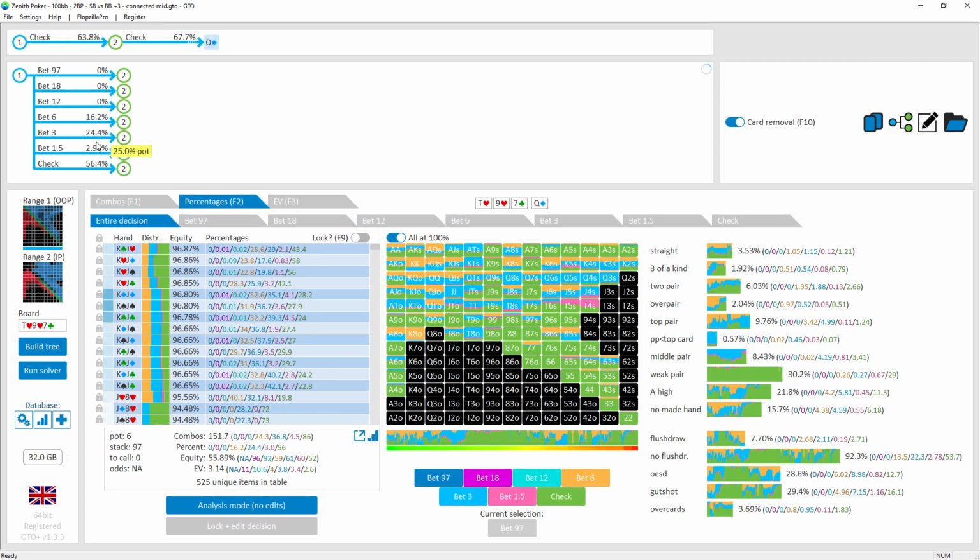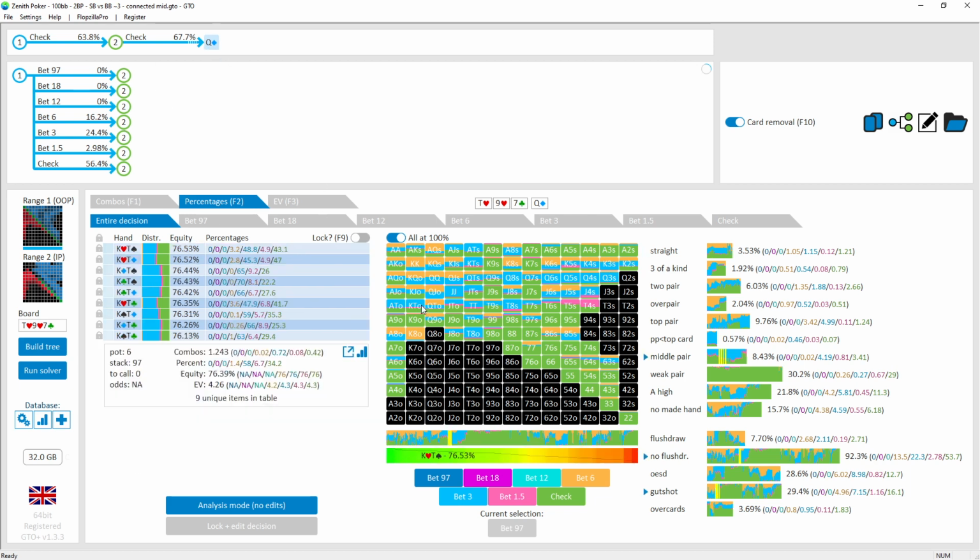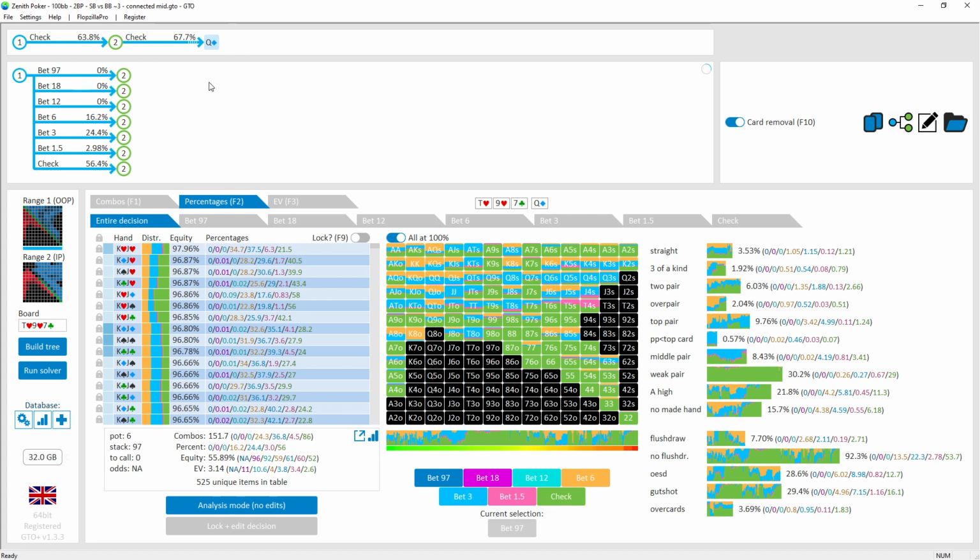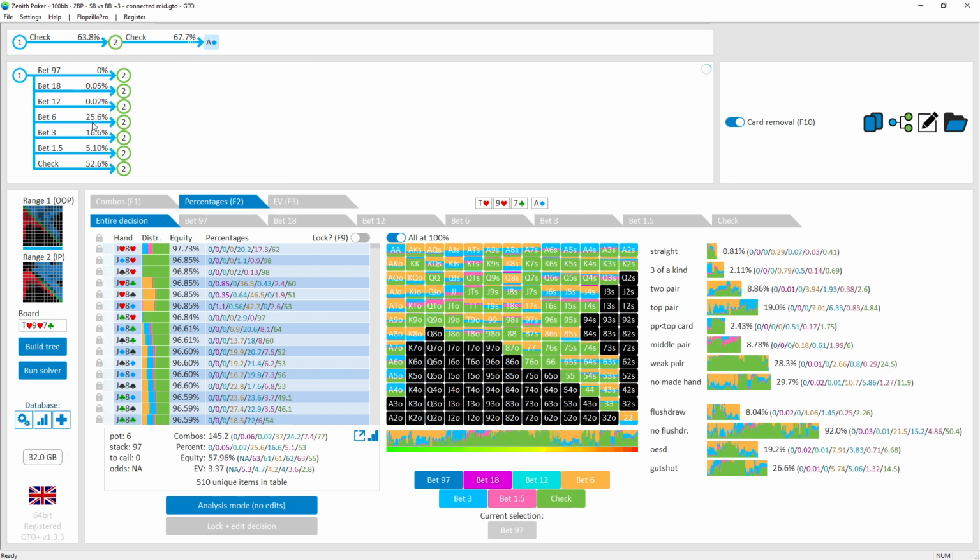But when you get a relative brick here, you get an overcard that doesn't complete any flushes. This particular overcard, like the queen and the king, both complete straights as well compared to the ace. That's why the ace is so good; it doesn't really complete any straights. So that's why on an ace, the most prevalent bet size is this pot size bet.